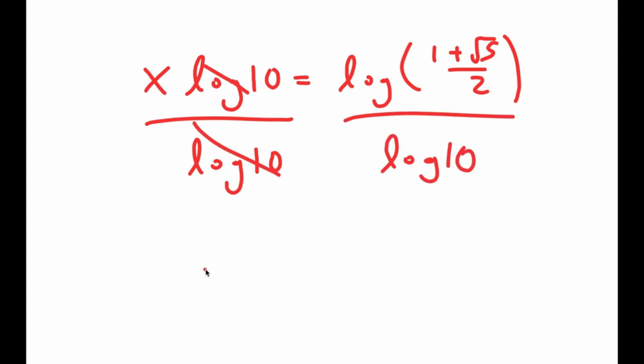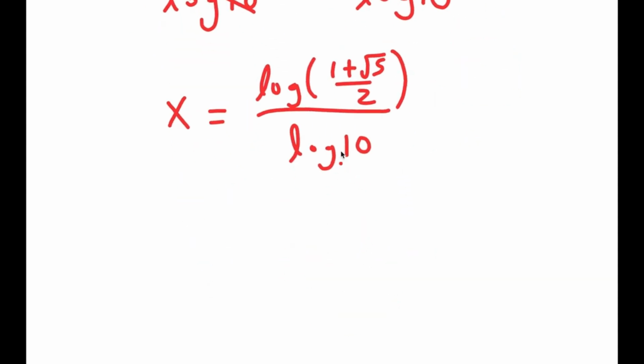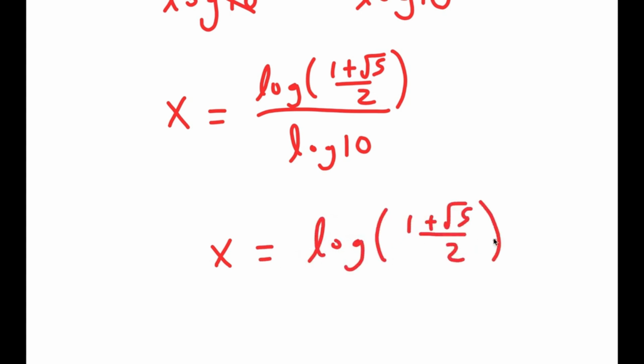So these two cancel out, and I get x is equal to log of 1 plus the square root of 5 over 2 over log 10. Now, if you already know, log 10 is equal to 1. So x is simply equal to log of 1 plus the square root of 5 over 2.